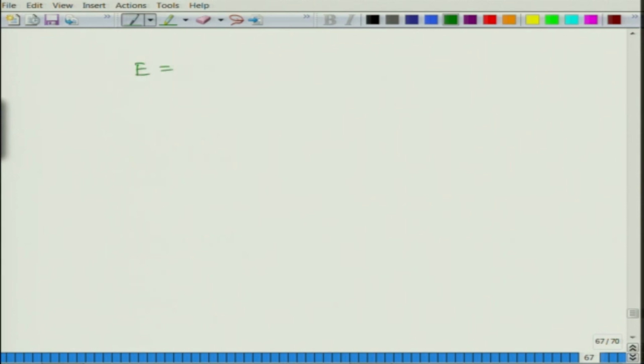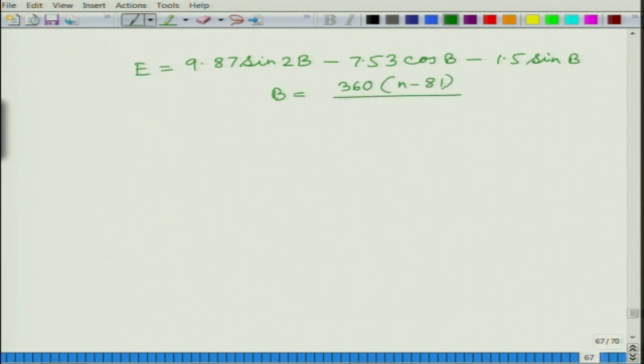So, equation of time is 9.87 sine of 2b minus 7.53 cos of b minus 1.5 sin b. So this b is computed through this equation.